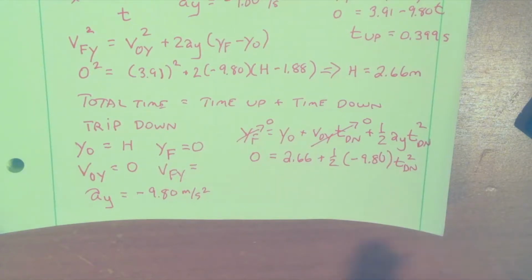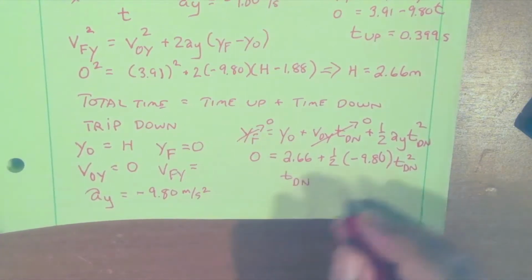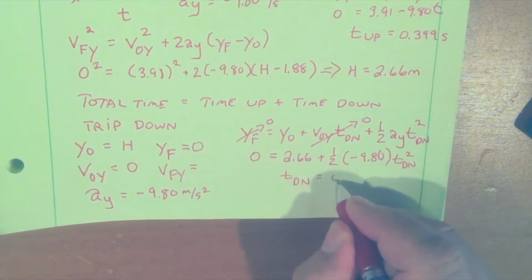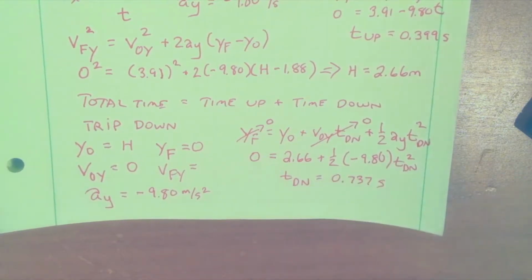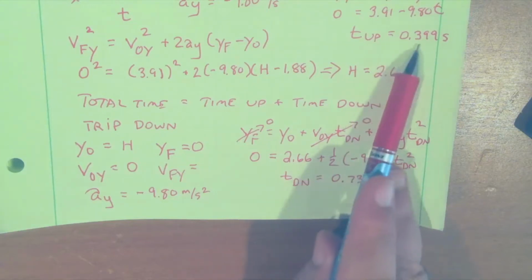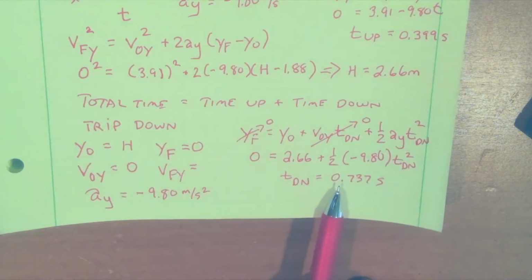Solving this equation for the time down, we get a time down of 0.737 seconds. So it takes 0.399 seconds to go up and 0.737 seconds to go down.